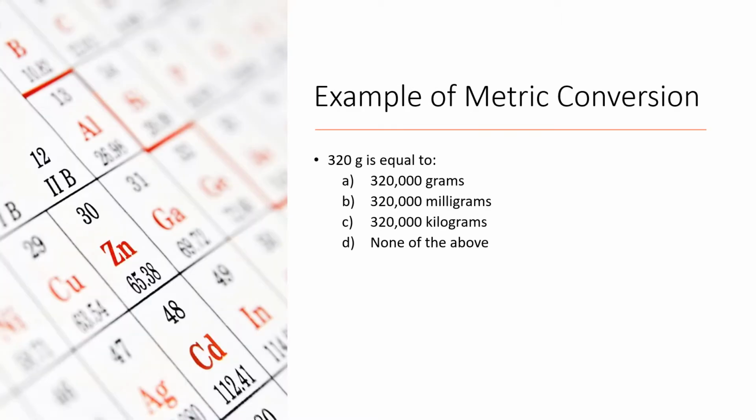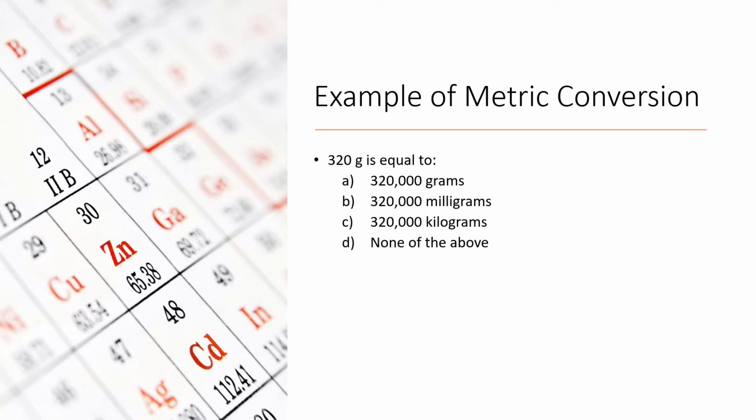Here is an example of a metric conversion that you'll be asked to calculate on the exam. We know that the metric system is based on units of 10. 320 grams is equal to A, 320,000 grams, B, 320,000 milligrams, C, 320,000 kilograms, and D, none of the above.